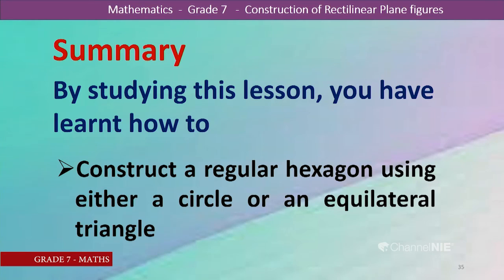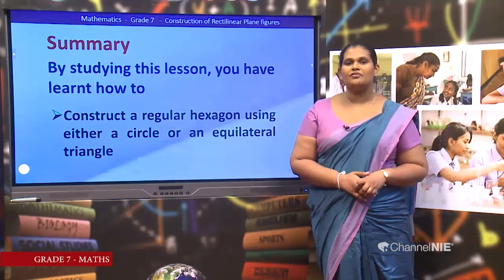Then we have learned how to construct a regular hexagon in 2 different ways. First, by means of a circle, then using equilateral triangles.